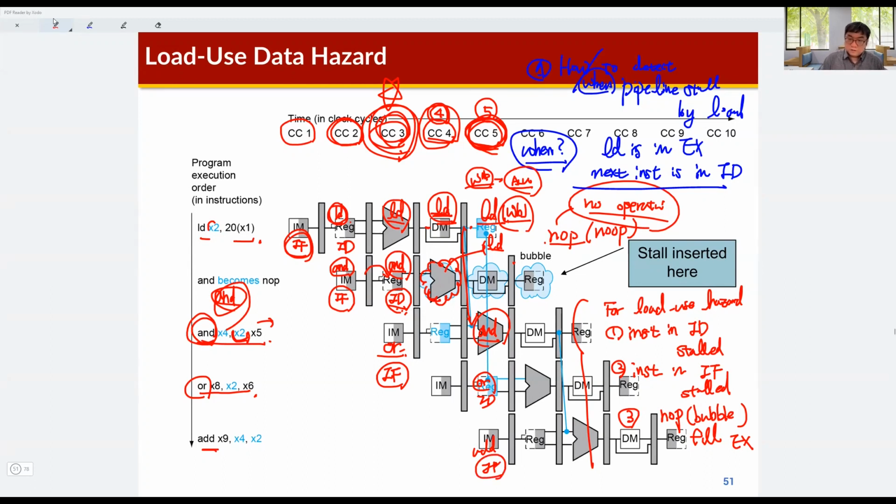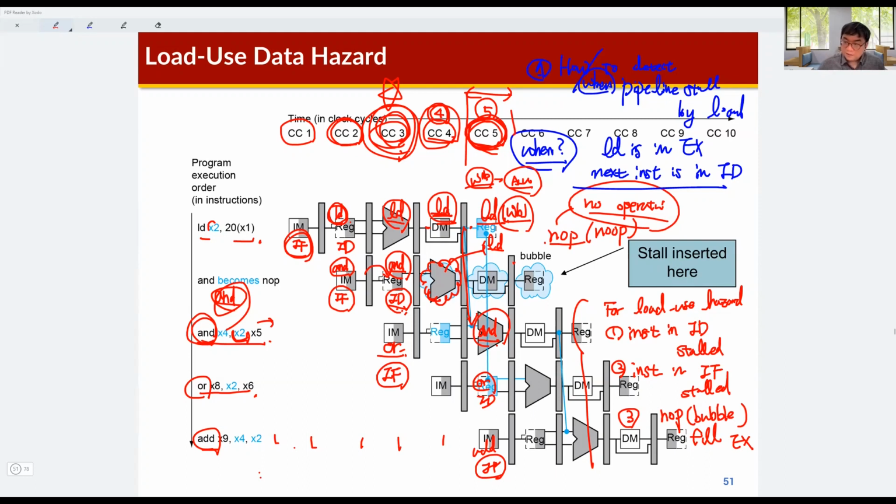So if we just see clock cycle number 5, the load is in the write back, the bubble, that means no operation, is in the memory stage, and the add is in the instruction fetch stage. So one of the pipeline stages is filled with no operation, that means a bubble.